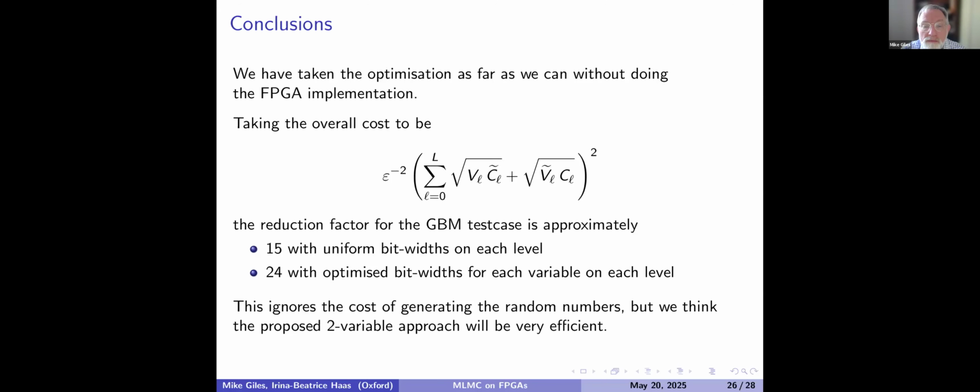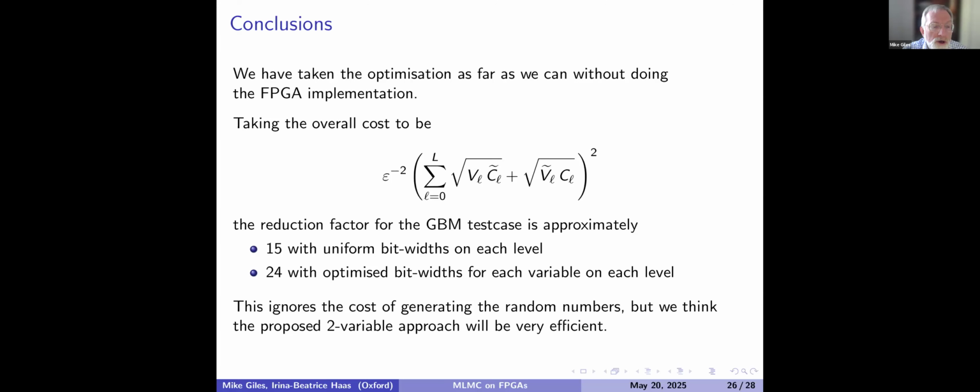So taking the overall cost, again, it's in this form with this sum over levels. The reduction factor for the geometric Brownian motion test case is approximately a factor 15 reduction with uniform bit widths, using the same number of bits for all variables. And with the optimized bit widths, then factor 24.